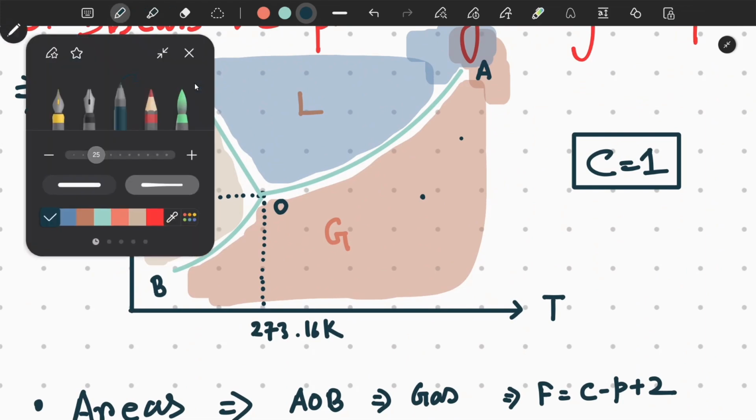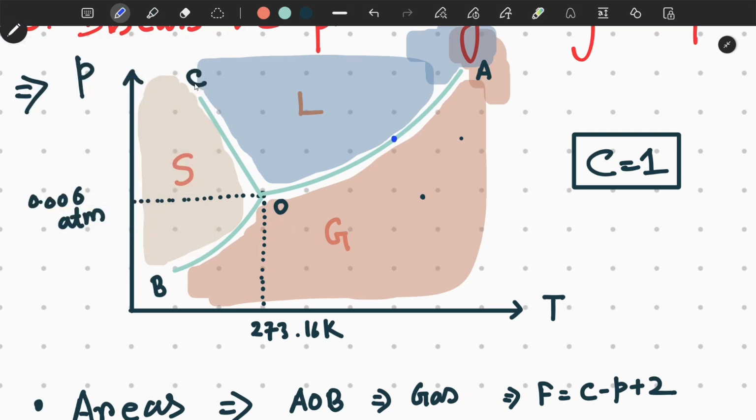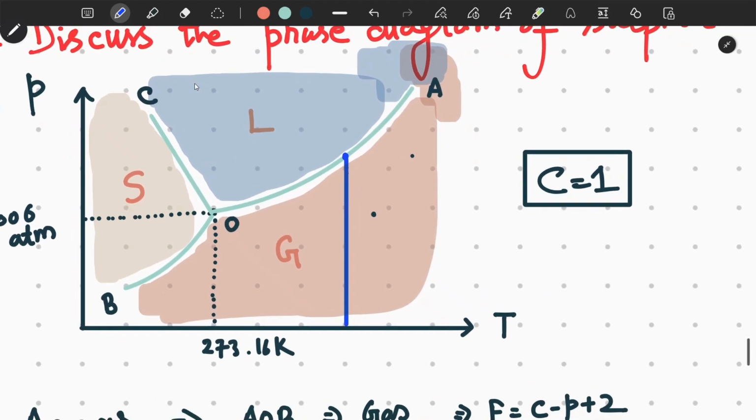Let's say in this line, if you choose this temperature, the pressure is automatically defined and fixed. You can't choose a different pressure, otherwise it will not be on that line. That's why degree of freedom is 1. Or vice versa, if you choose the pressure, you can't choose the temperature.